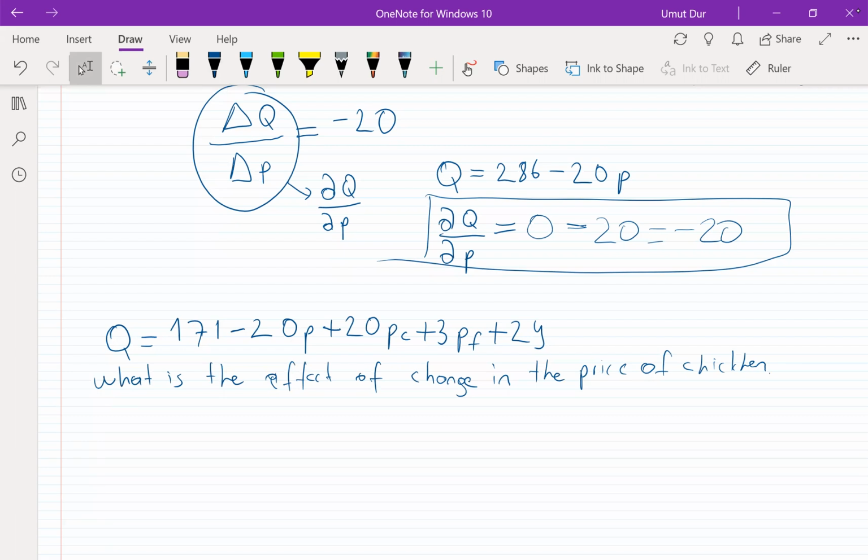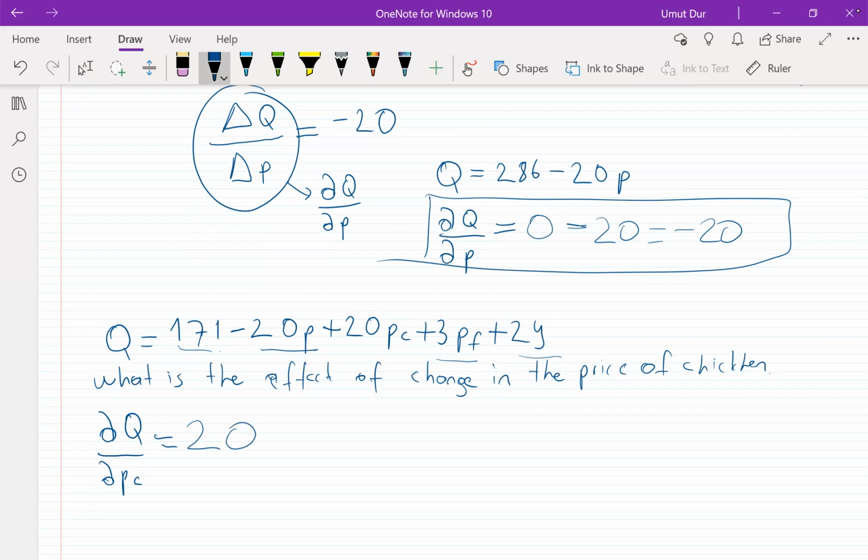It is the same logic here. You will just take the derivative of this quantity demanded with respect to PC. So dQ over dPC is equal to 20, because the constant and the other terms have derivative 0 with respect to PC; we only have the constant value 20 here.